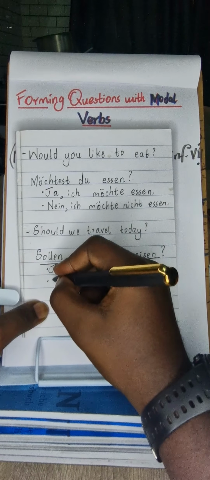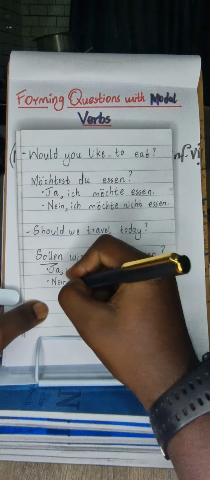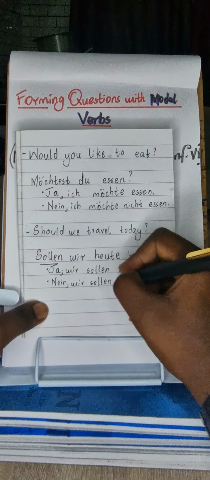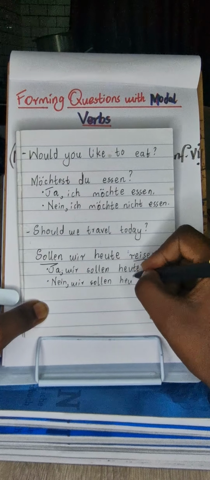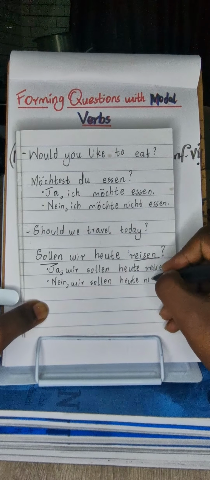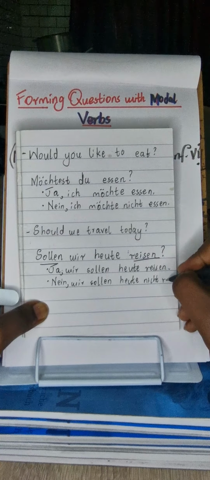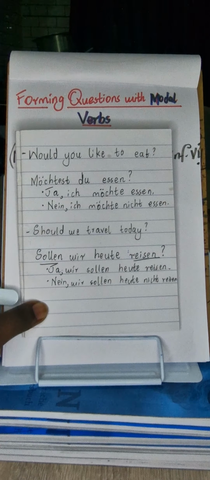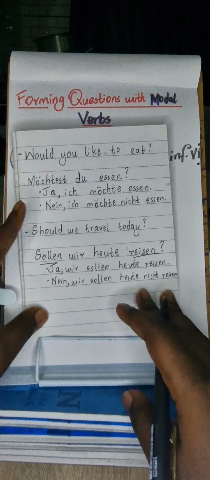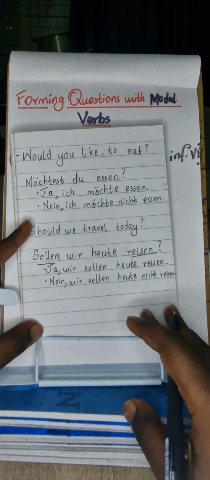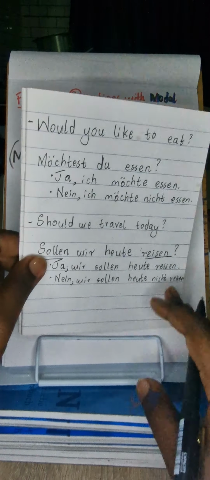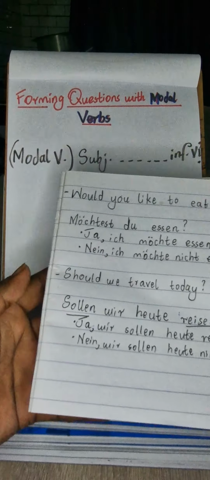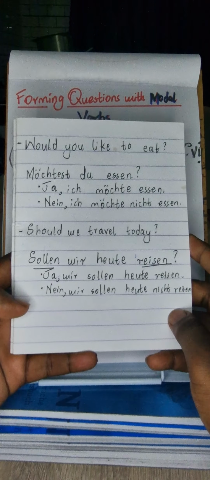Or nein, wir sollen heute nicht reisen. No, we should not travel today, right? So you've seen that if I'm to ask a question in this manner, I begin with my modal verb, my subject, and then at the end I put my infinitive verb, all right?